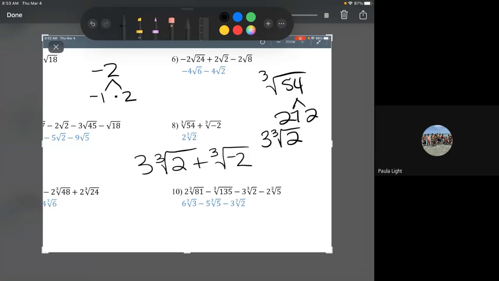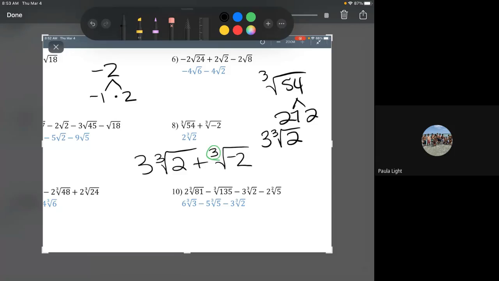Negative 1 times negative 1 times negative 1 is negative 1. When you have an odd number in your index, you can have a negative perfect cube under there, like negative 27, negative 8, negative 1. So that negative 1 is going to come out.